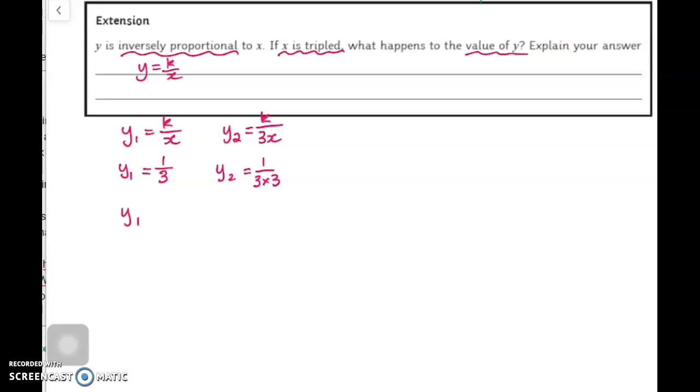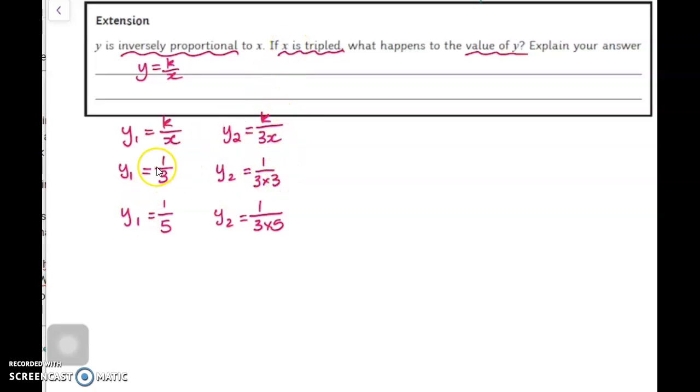What if our x was 5? Then it would be 1 over 5. Okay. And when we triple the value of x, which is 5 in this case, it will be 1 over 3 times 5.